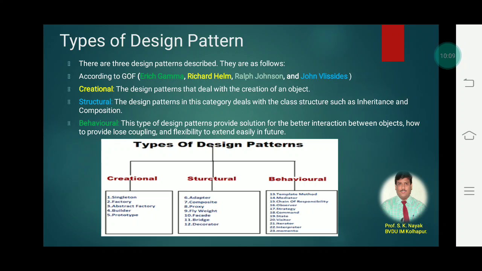Similarly, structural design patterns are the category that deals with class structure such as inheritance and composition. Now we have to think about a design pattern's structure. That means the class structure, or how it inherits from the base class to the derived class, and how we can compose different attributes into different classes or objects, or sometimes inherit attributes from different objects to other objects.